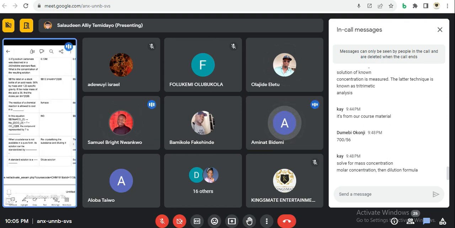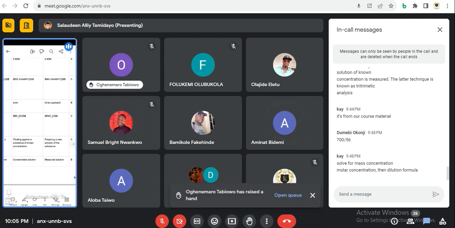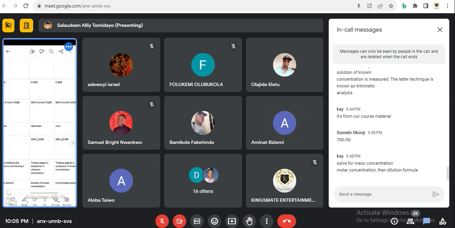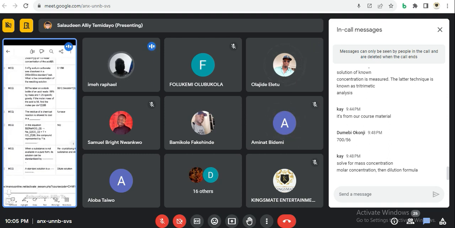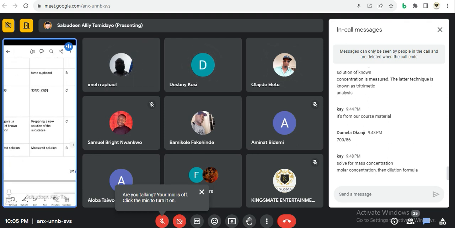So that's why they chose C here. It is H2O, see, H2O.